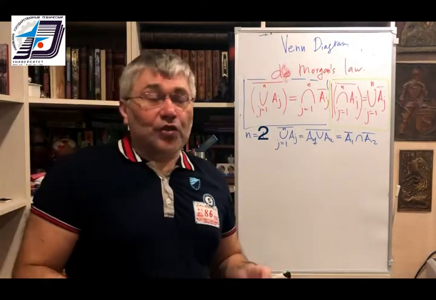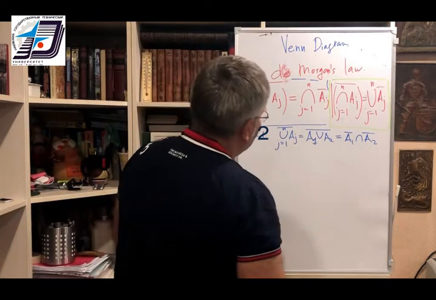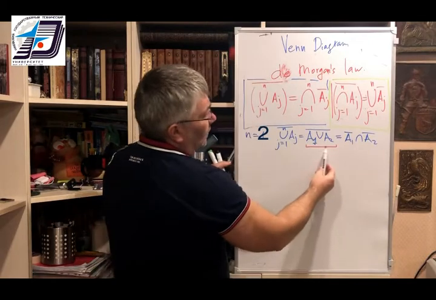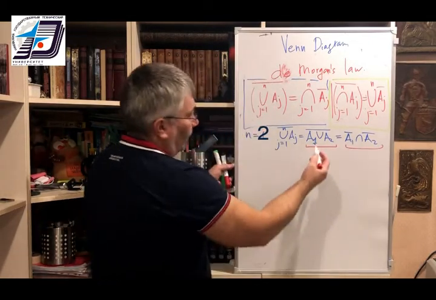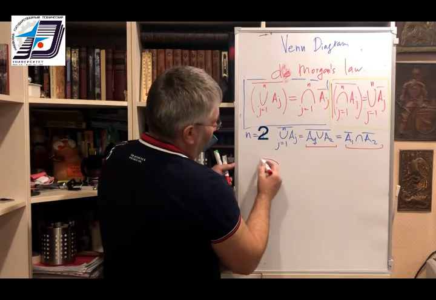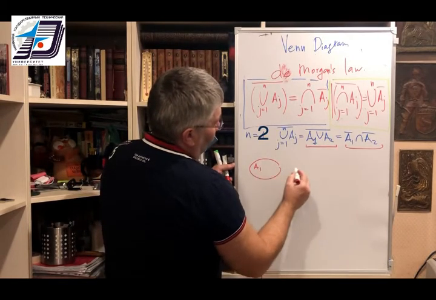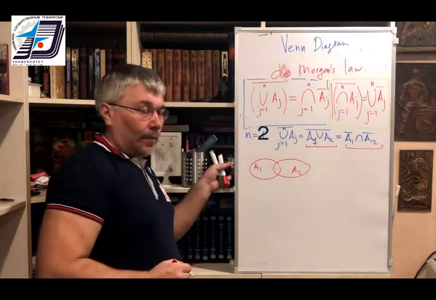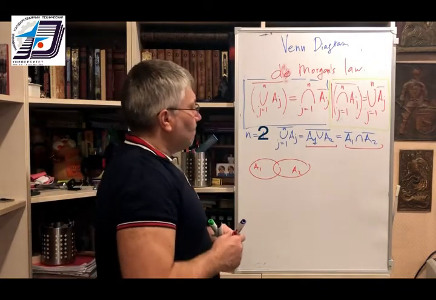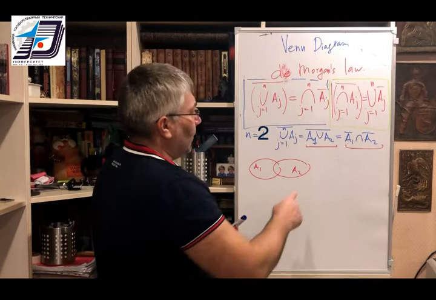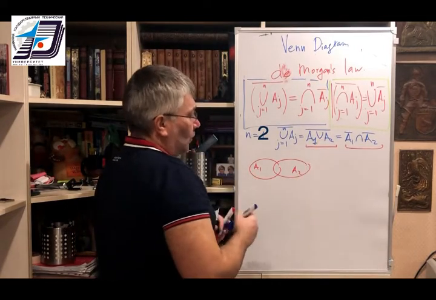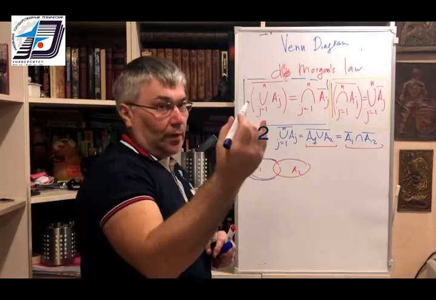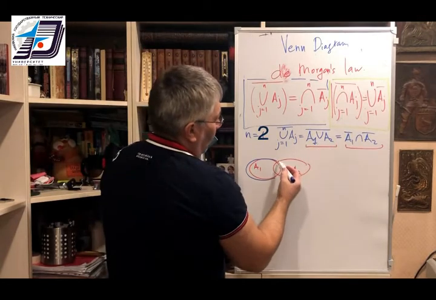Okay, let's use the Venn diagram. We have to make a visualization of the left side and a visualization of the right side. Let's do it. It is A1. It is A2. Now we have made this operation, and it gives us this one, which I mark in blue.